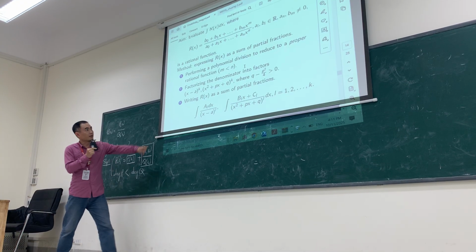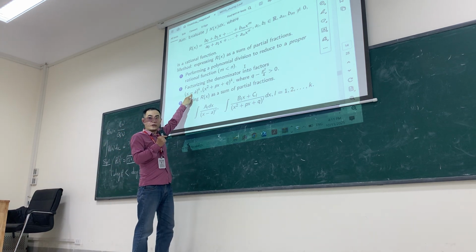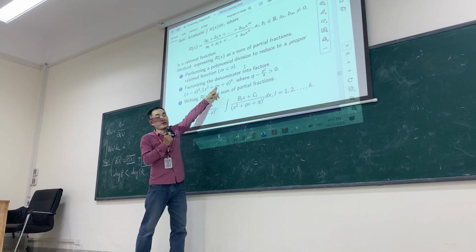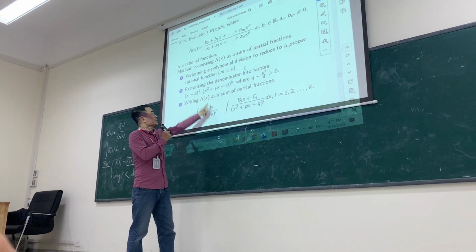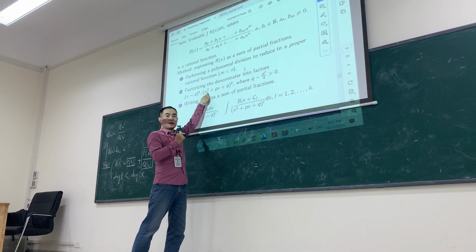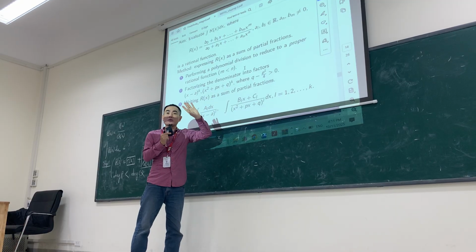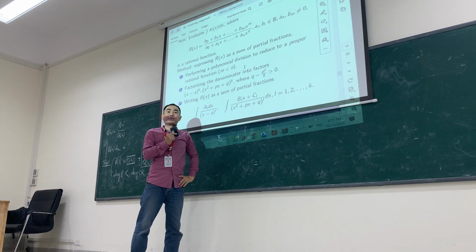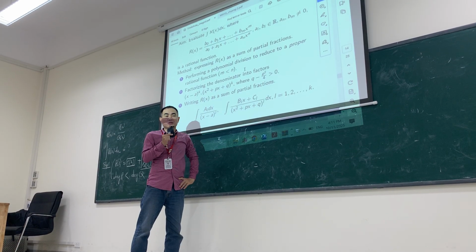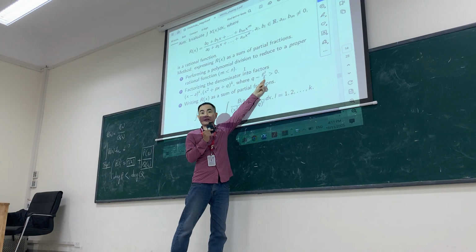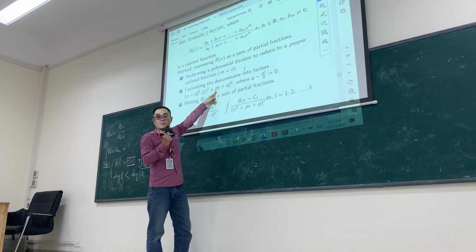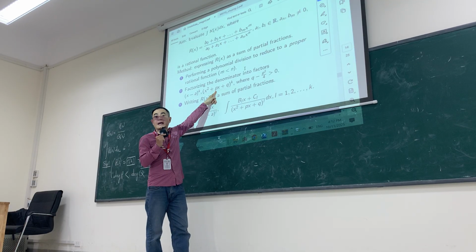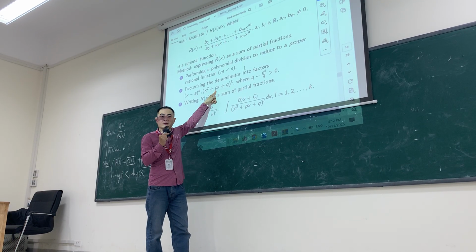Polynomials of degree 1, polynomials of degree 2. Of course, polynomials of degree 2 have no real solution. They satisfy this condition: the polynomial of degree 2 has no real solution.